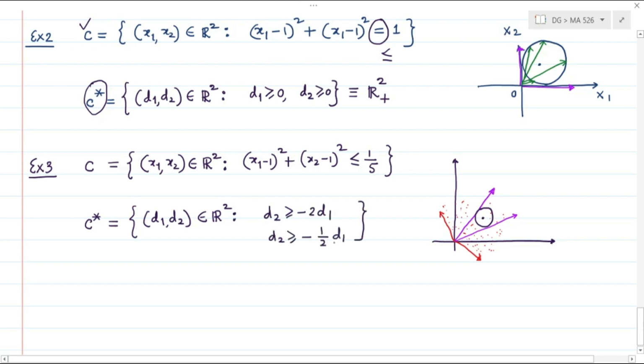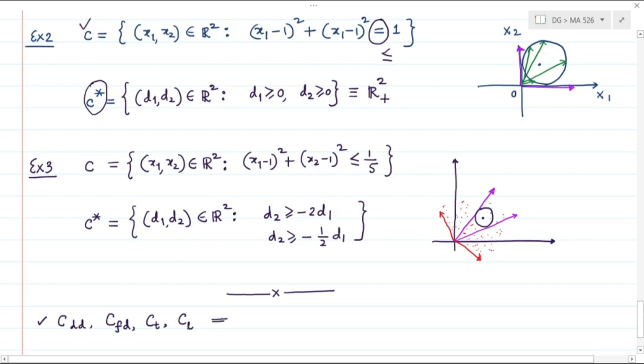Well, with this I end the class here, and on the next day we will start our discussion on the topic of four other cones, the cones left over today. Those are the cone of descent directions, the cone of feasible directions, the tangent cone, and also the linearizing cone.